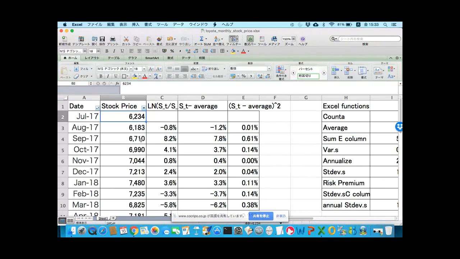There are 25 samples, meaning we have a 2-year stock price sample, right?